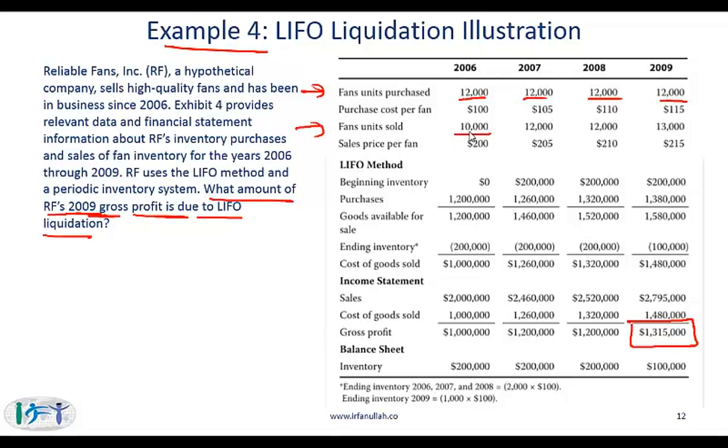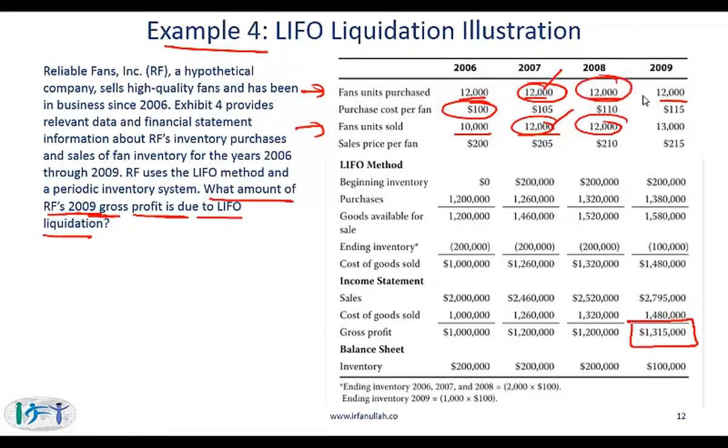And then that means that you still have 2,000 left, valued at this low price of 100. Then in the next year, 12,000 were sold and 12,000 were purchased, which means that these cancelled each other out. We are using LIFO, so these are the last in and we are selling the last in. Same thing happens in 2008.